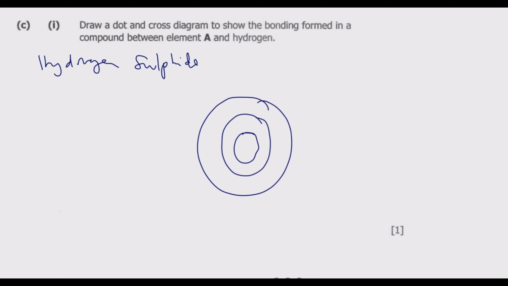Let us say this is the first 2, then we have 8 in the next one, then this one and that one, so that it has 6 electrons outside. Then it's bonding with hydrogen. Hydrogen is going to come, with only one shell, then also this shell.